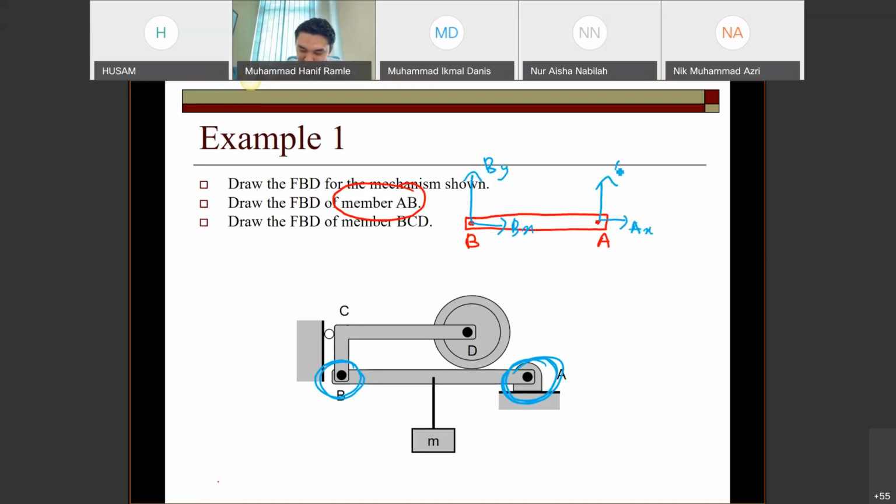AX, AY. Let me repeat about the pin system. If you have a pin like this, you can determine the DOF. The DOF for the pin is only 1, which is the moment.